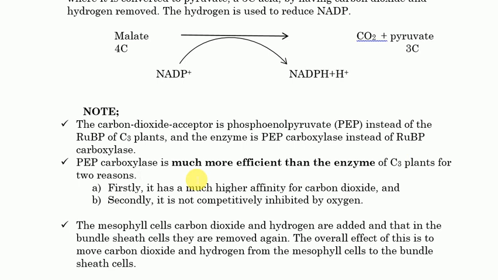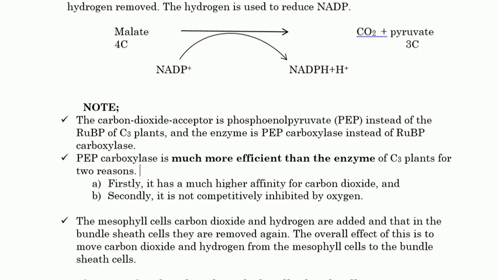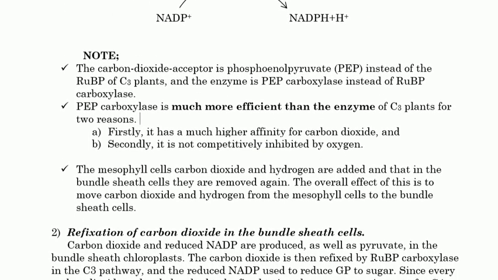We have two reasons. First, it has a much higher affinity for carbon dioxide, and the second reason is that PEP carboxylase cannot be affected by oxygen concentration. So first is affinity to carbon dioxide, and the second is that it cannot be affected by oxygen.